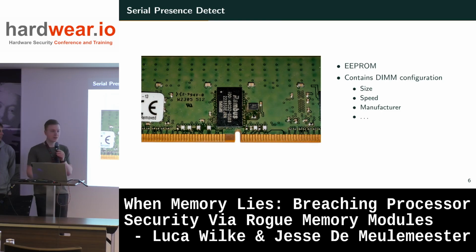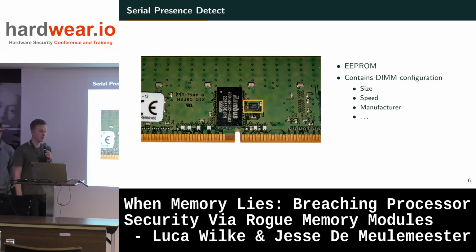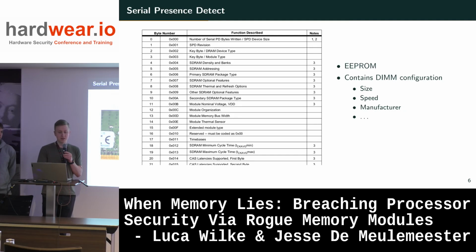Okay, and the construction of this physical address to DRAM mapping relies on something called the SPD chip. That's a small EEPROM chip, so a storage chip basically, that's on each memory module, and that contains metadata about the DIMM, like the size, the speed, the manufacturer, and so on.